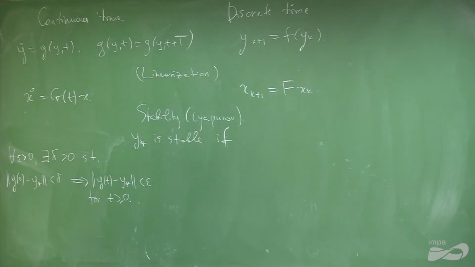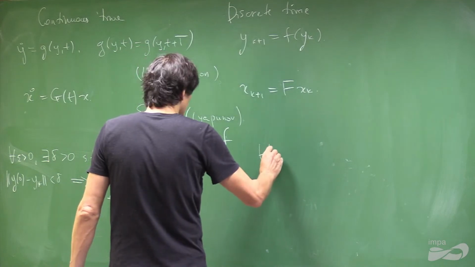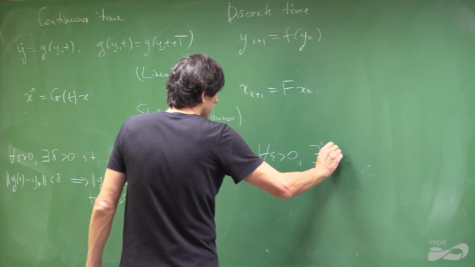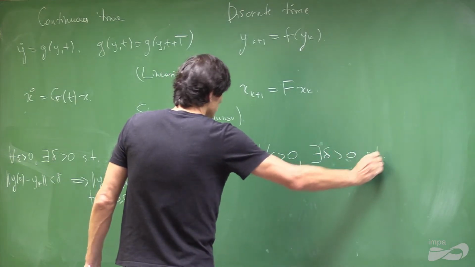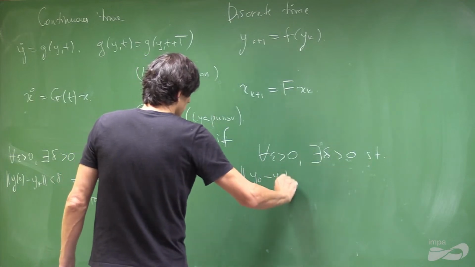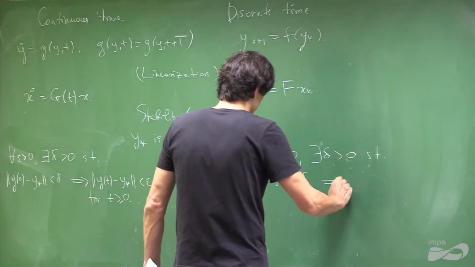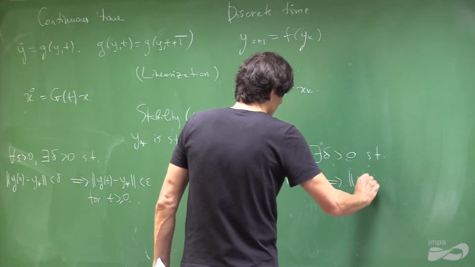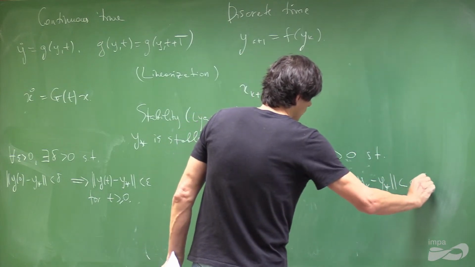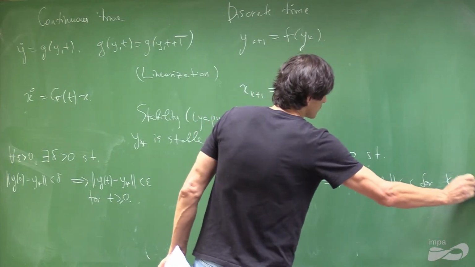And you can formulate just the same condition for discrete time. For any epsilon positive, there is delta positive such that whenever your initial condition is delta close, it remains epsilon close for all k bigger or equal to 0.